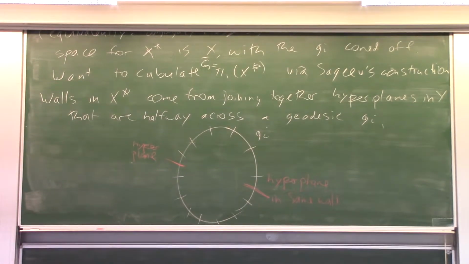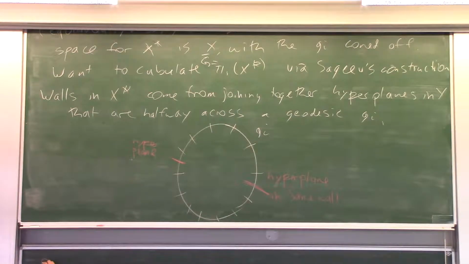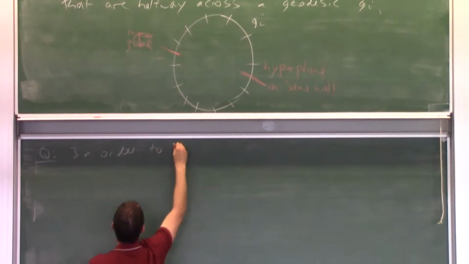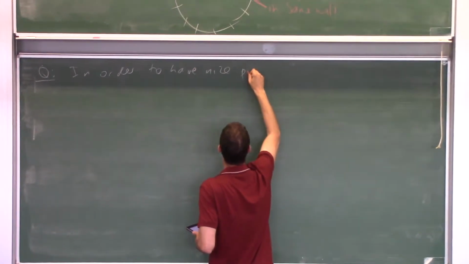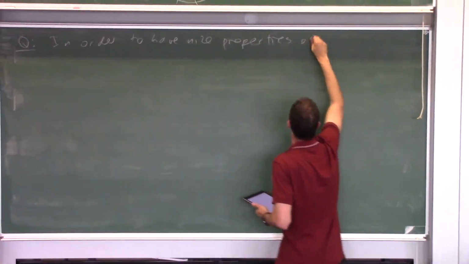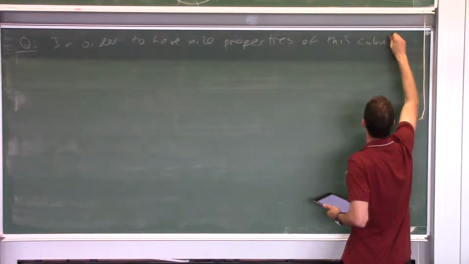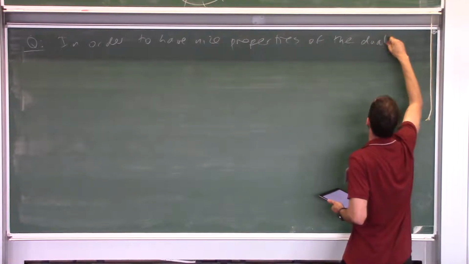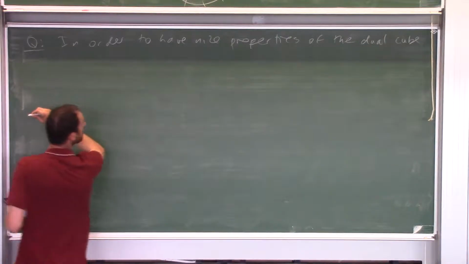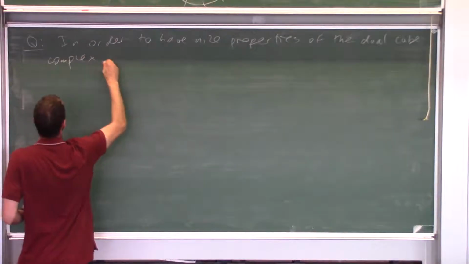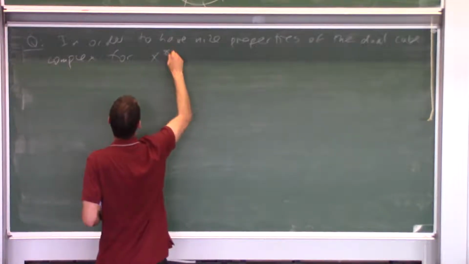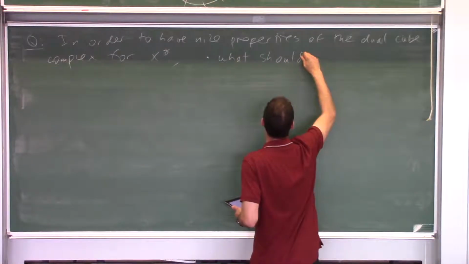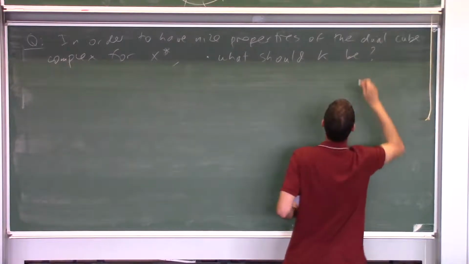And the key question, in order to have nice properties of the dual cube complex X star, is how many relations are you allowed to choose?